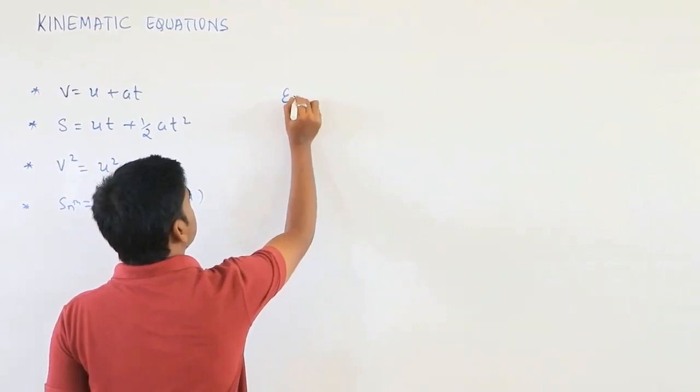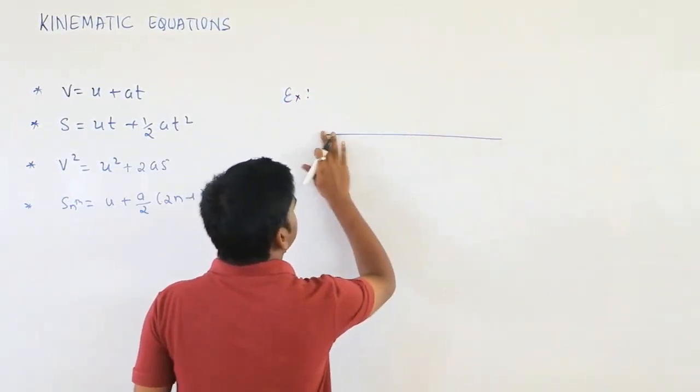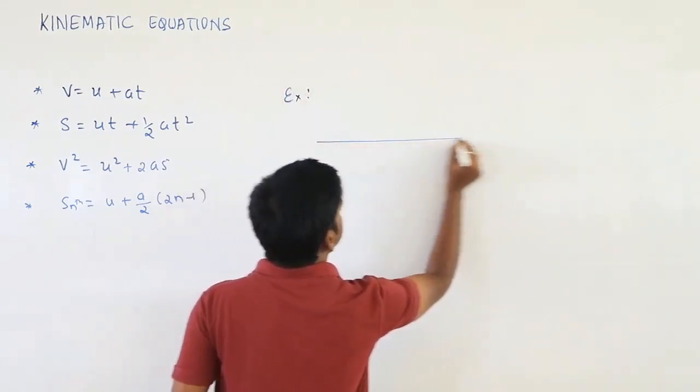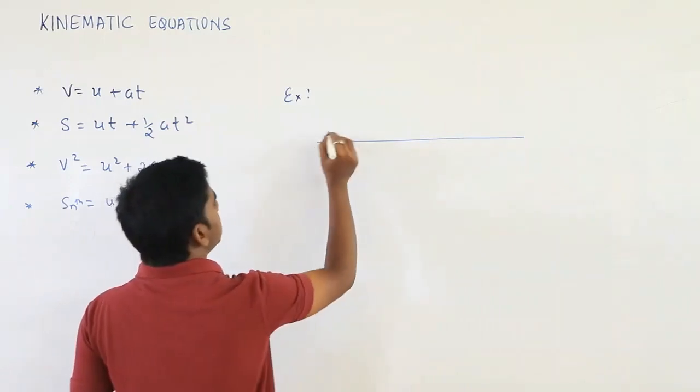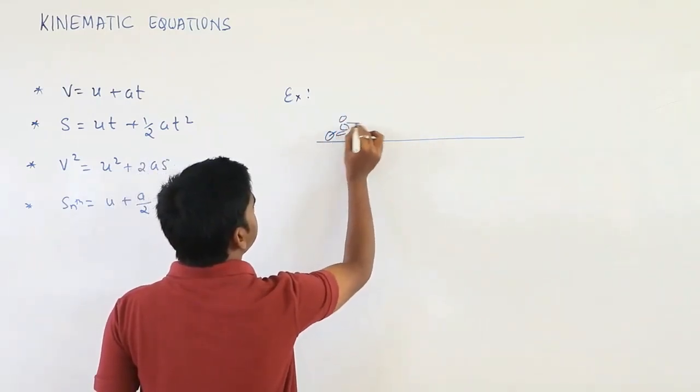So let me take a simple example. Suppose there is a vehicle which is going on a horizontal road. Suppose your vehicle is here, a person is driving the vehicle. Assume that it's a vehicle.